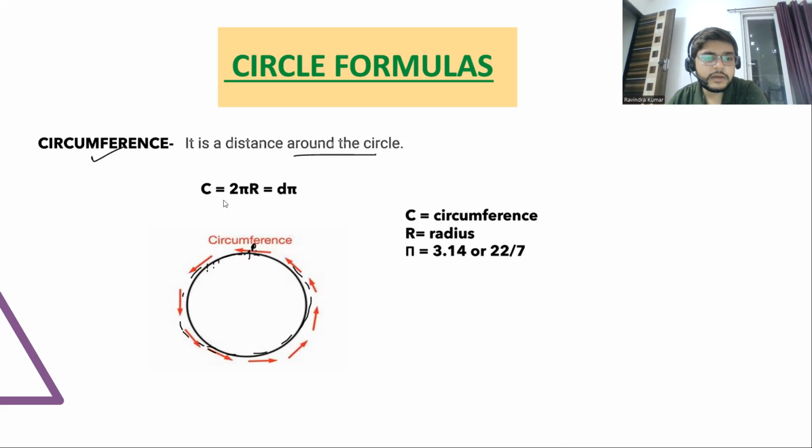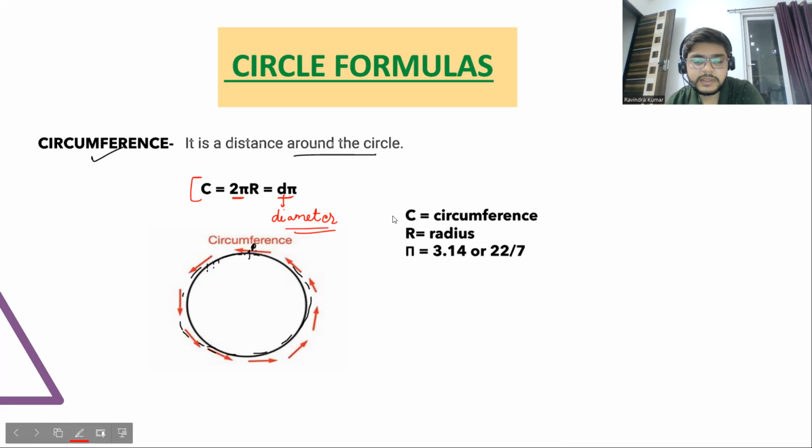So how do we calculate the circumference? It is very simple because we have the direct formula here. C is the circumference. C is equal to 2 pi r or pi d, where d is the diameter, because instead of 2r we put the diameter here.